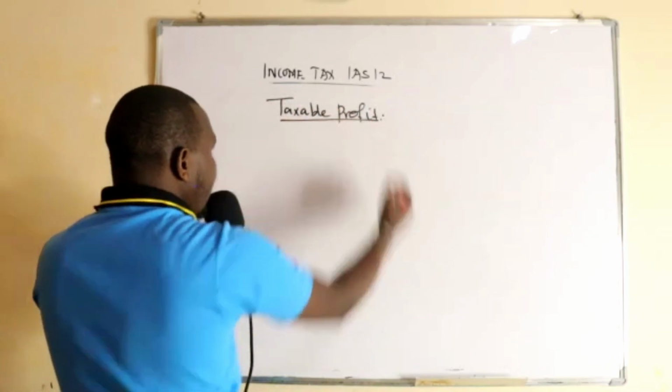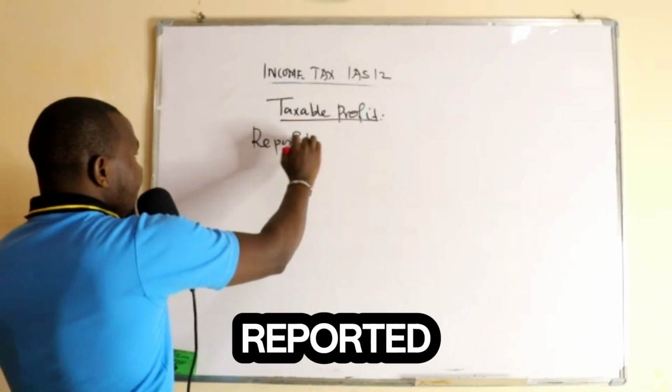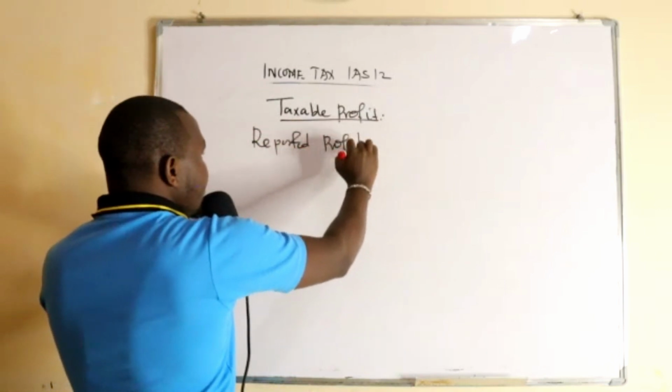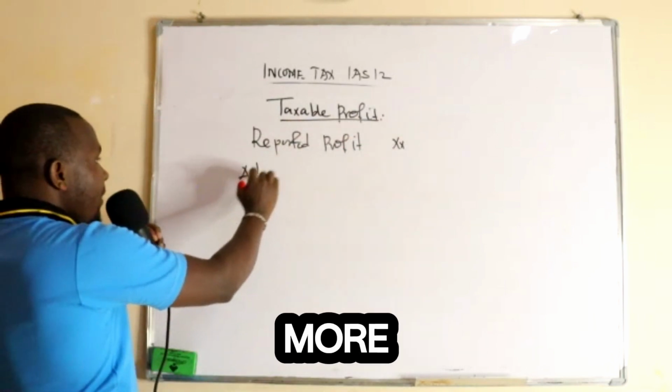You take the reported profit. You add back disallowable expenses.